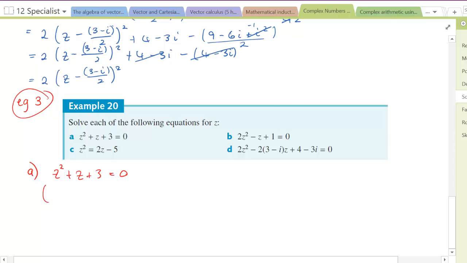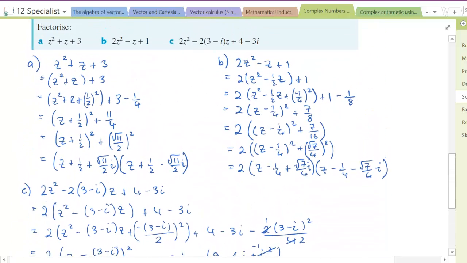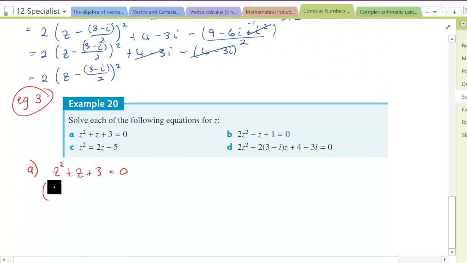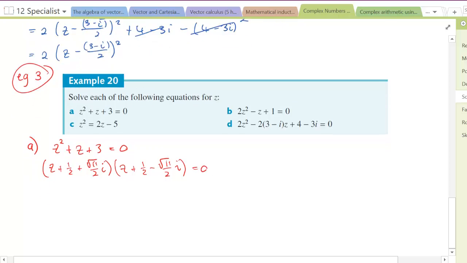When it was factorized, we had (z plus 1/2 plus root 11 on 2i) and (z plus 1/2 take root 11 on 2i) as our factorization.